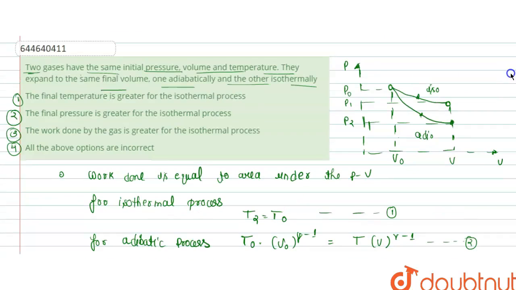The statement that the final temperature is greater for the isothermal process is right, and the second statement, that the final pressure is greater for the isothermal process, is also correct. The work done by the gas is greater for the isothermal process, so the third statement is correct. So the answer to this question is that all the options are correct.